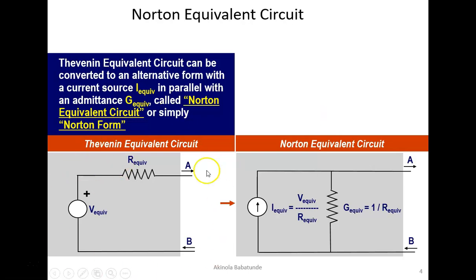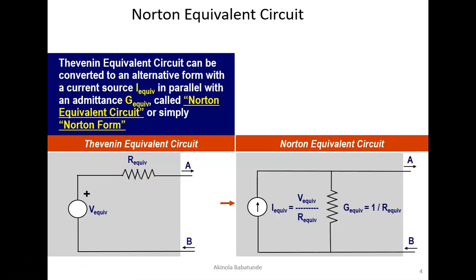So if we are able to create a Thevenin equivalent circuit and we want to write it in Norton equivalent form, then this V equivalent will be converted to an I source. This voltage source will be converted to a current source, and that can be obtained by dividing the V equivalent by the R equivalent, because we know from Ohm's law V is equal to IR.